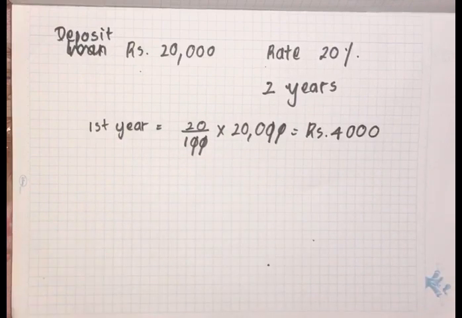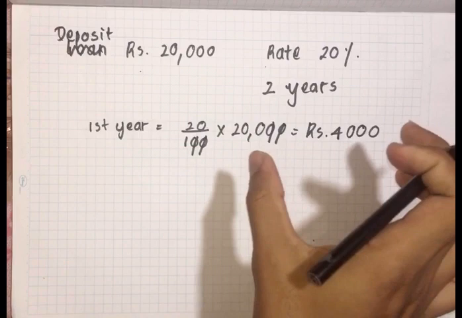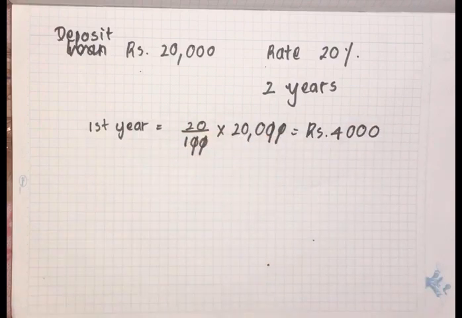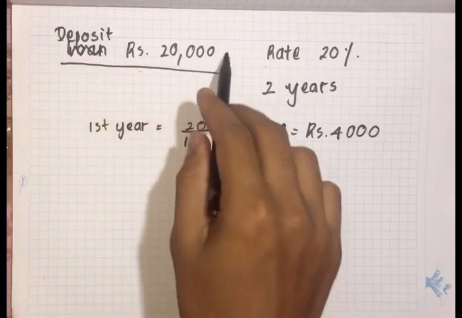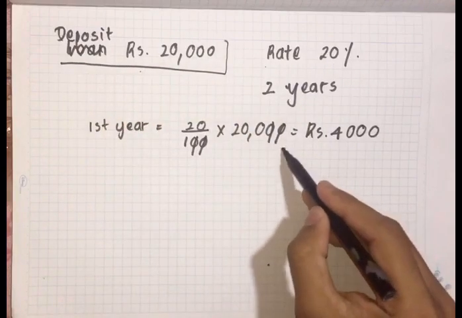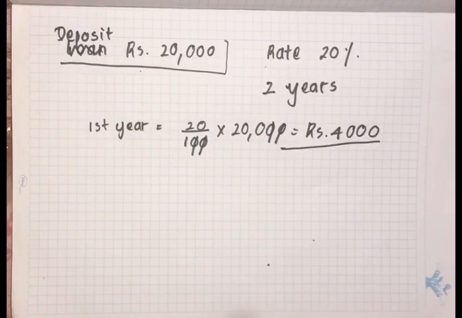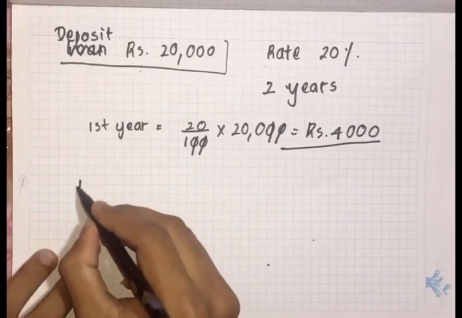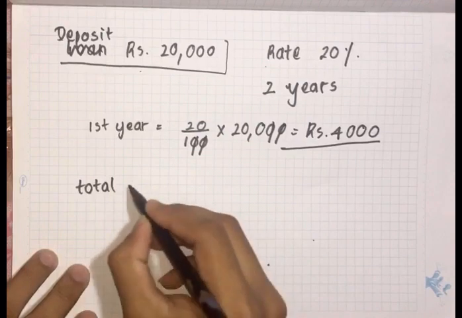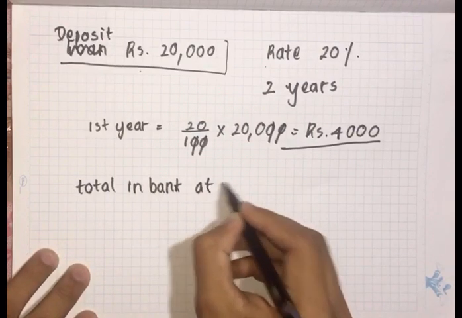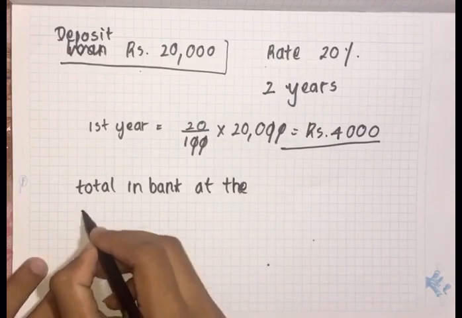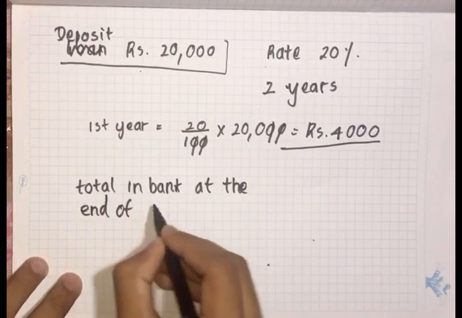Okay, now in our bank, after the first year, what is the total you are going to have? You have deposited 20,000 and also you have an interest of 4,000, right? Okay, so total in bank, now this is important, total in bank at the end of first year.